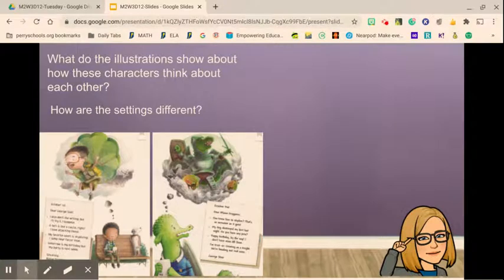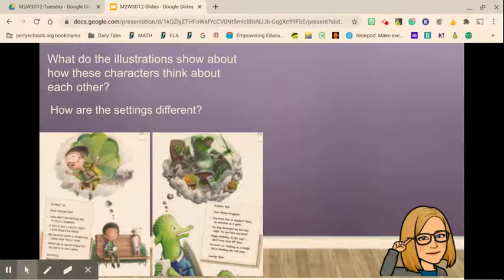What do the illustrations show about how these characters think about each other? Well, as I'm looking at these pictures, I can see that when George is reading Blaze's letter and talking about parachuting, he is picturing himself jumping out of a plane, parachuting with a parachute on.